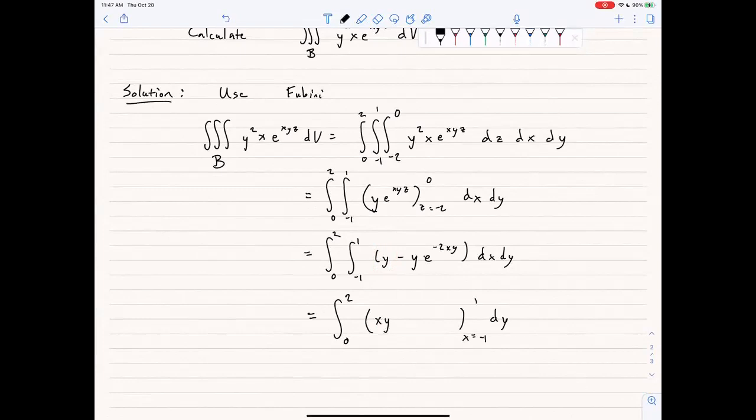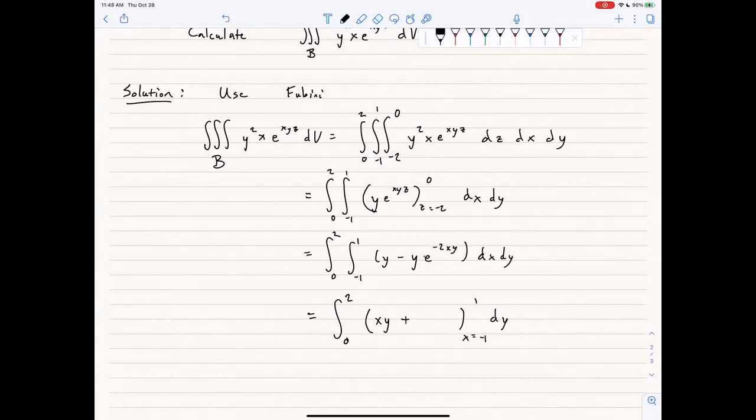What I'm going to worry a little bit about with the next exam is that people would put something like y squared over 2. Make sure that you are paying attention to what you're integrating with respect to, is what I would say.